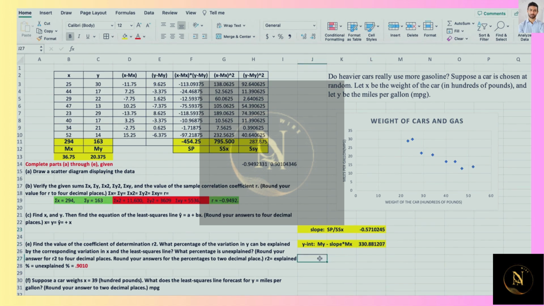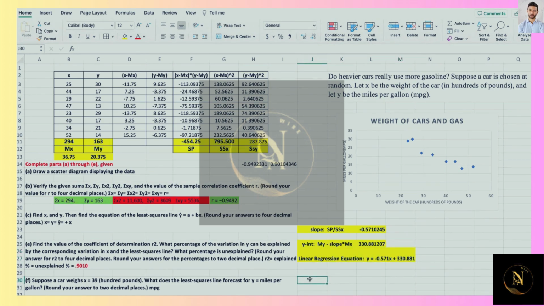Then my linear regression equation is going to be y equals negative 0.571 x plus 330.881. And that's going to be highlighted in bold.